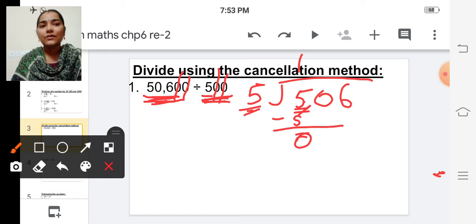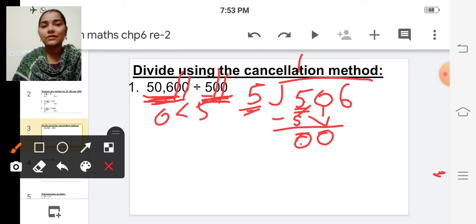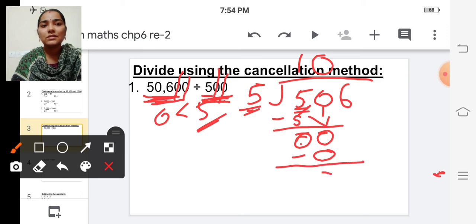And next we have to bring down this 0 here. We cannot divide, isn't it? Because 0 is less than 5. The dividend is less than the divisor. So we cannot divide. So we have to write 0 in the quotient and 0 here. Subtract, 0 minus 0 is 0.